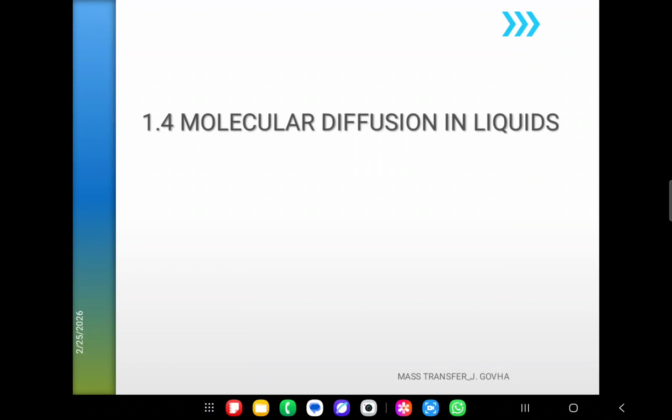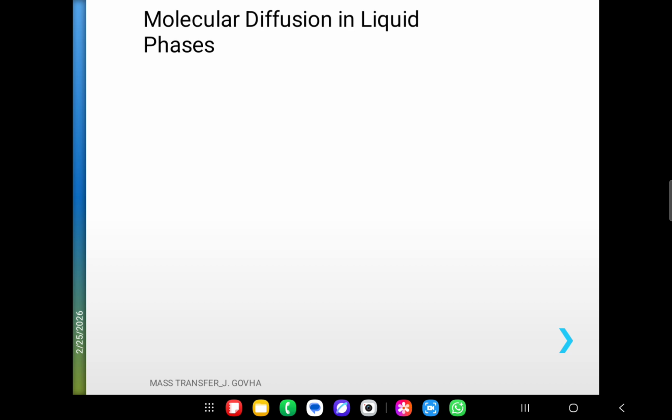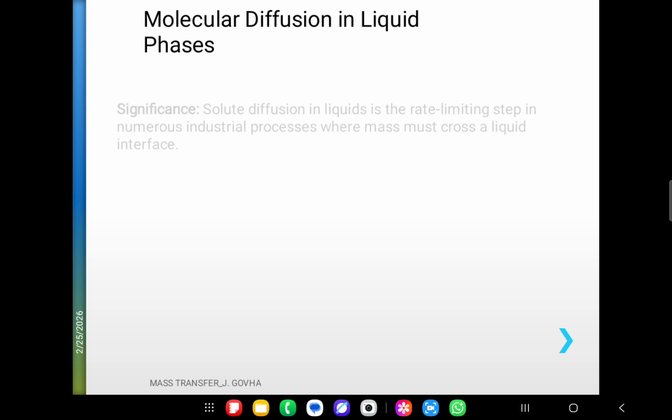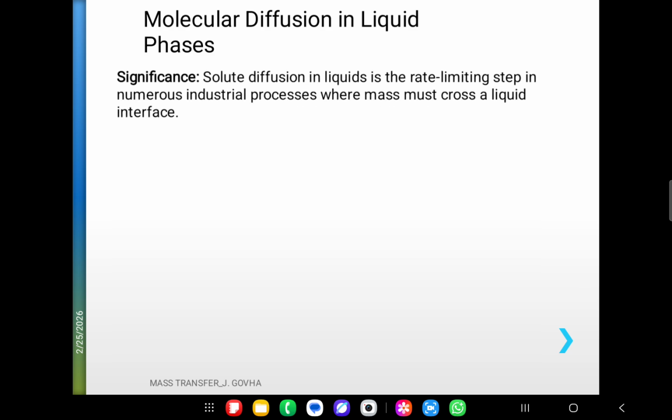Hello once again. Let's look at molecular diffusion in liquids. So you'd find that solid diffusion in liquids is a rate determining step in numerous industrial processes where mass must cross a liquid interface.